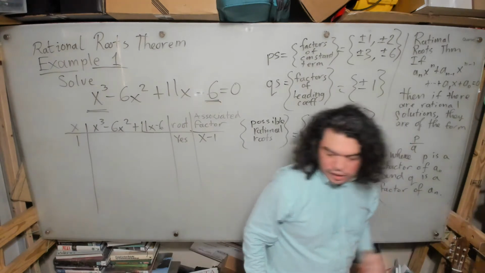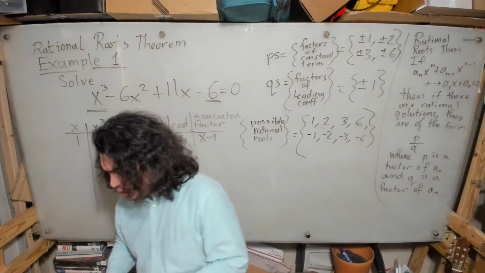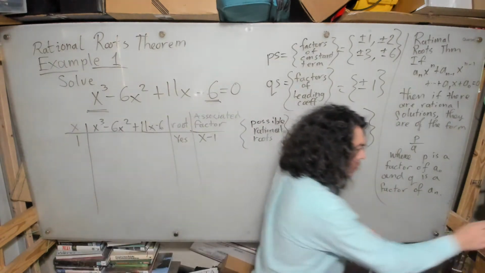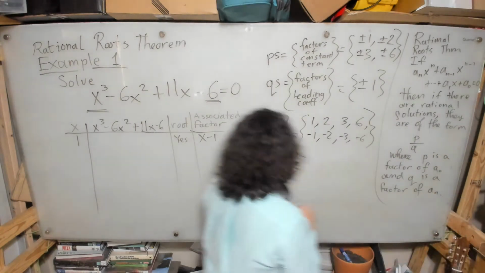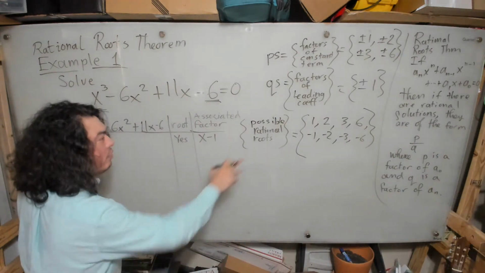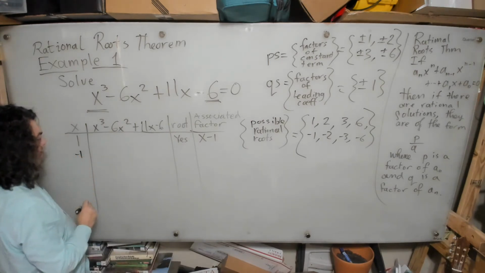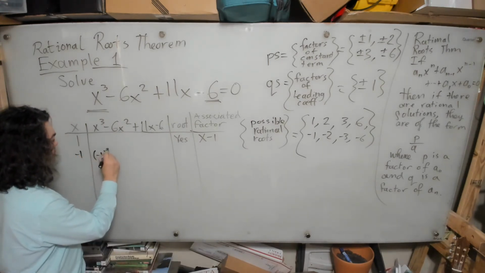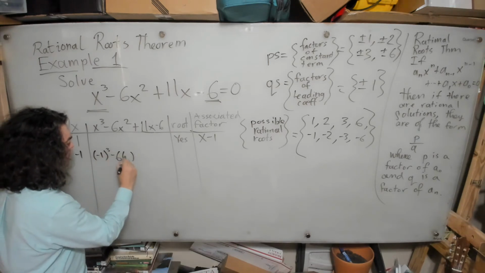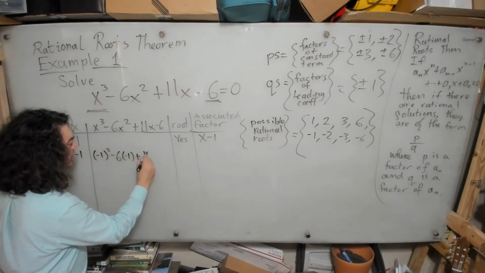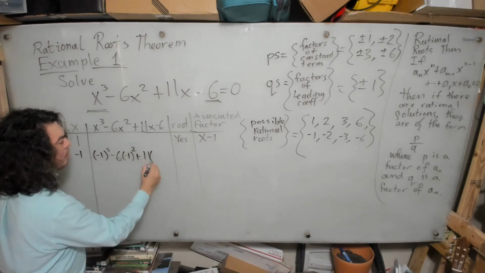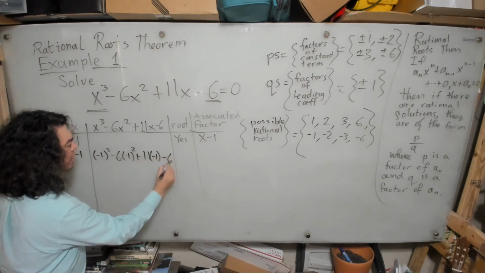Okay. Let me get a different pen here. Let's now try -1, okay? How would -1 evaluate? Well, it would be -1 cubed minus 6 times -1 squared plus 11 times -1 minus 6.